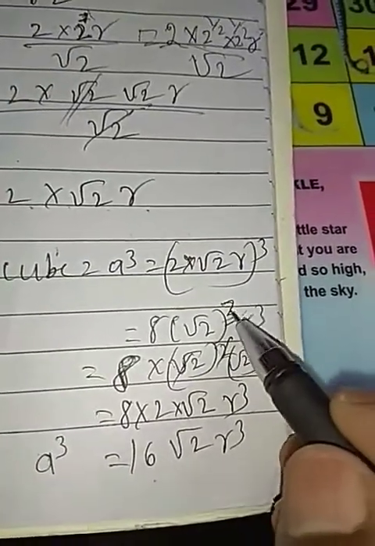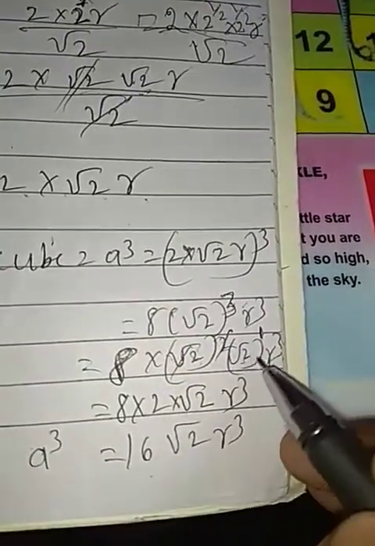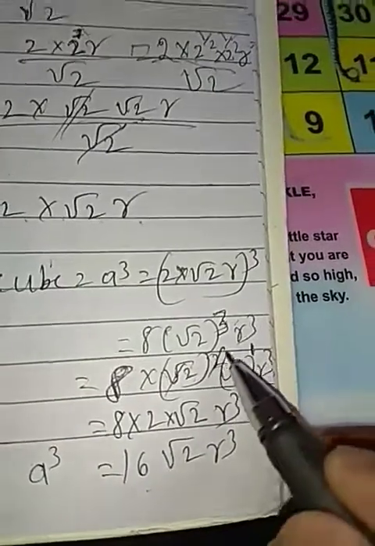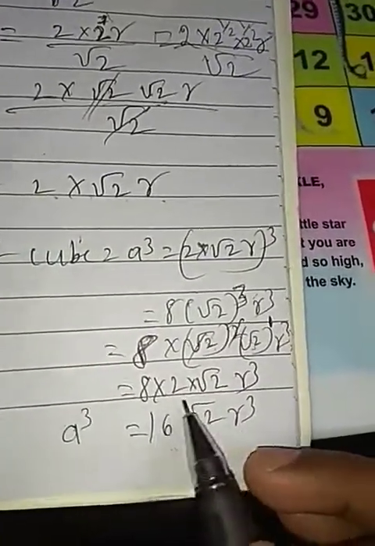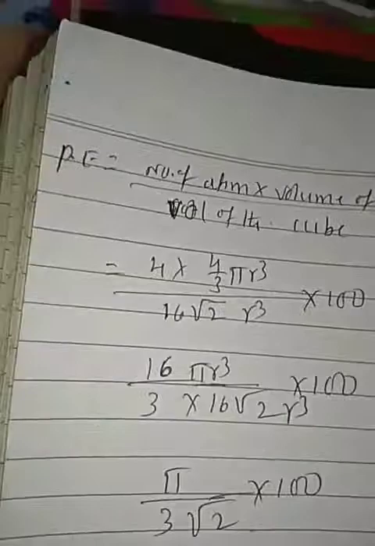The base is the same, the power is different. So the square and root get cancelled, 8 into 2 root 2 into R cube, that is 16 root 2 R cube, right, students? Now we got the volume of the cube, A cube.